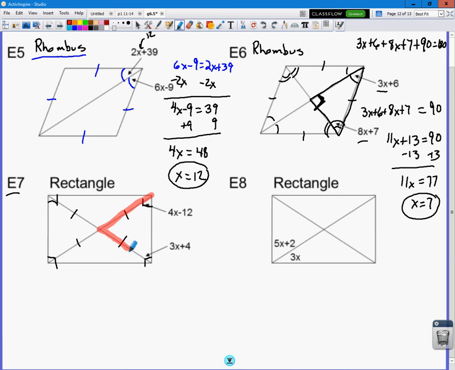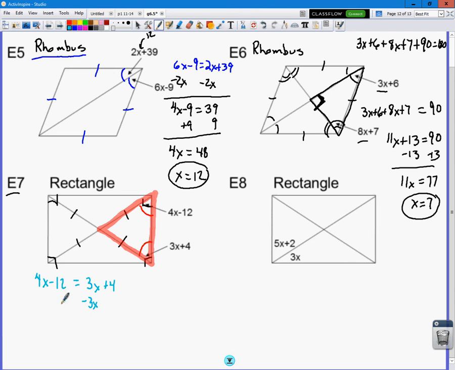What type of triangle have I highlighted? So what can you tell me about this angle that we've marked and this angle that we've marked? They're equal. And if 2 things are equal, what are we going to do with them? Set them equal. 4x minus 12 equals 3x plus 4.